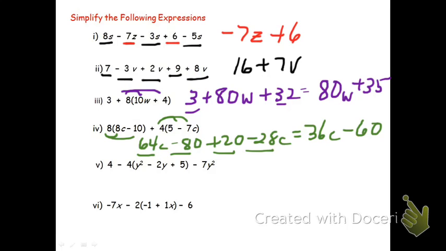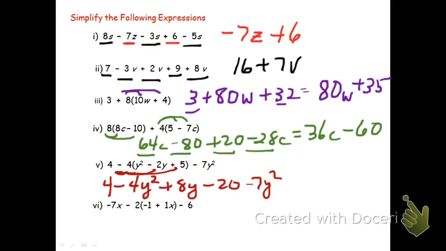Okay, in the next one, again, we have to use our distributive property first. And here we got to be careful, make sure to take the negative with it. So I'm going to leave my 4 like it is, then I'm going to distribute this negative 4 over these 3 terms. So that's going to be a negative 4y squared, a positive 8y, and a negative 20, then minus 7y squared.